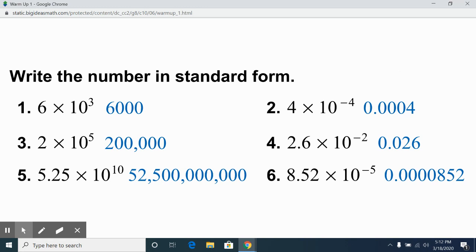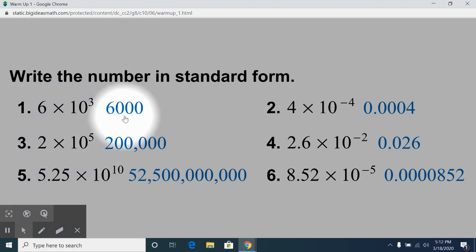Now again, here's the deal. If we know this concept, we should be in decent shape for today's lesson, because it's the same concept. We're just going kind of backwards. So what we're going to be doing is, for example, taking things like this, and we're going to move our decimal from the end of the number back to right after the 6, and we're going to write it in scientific notation ourselves.